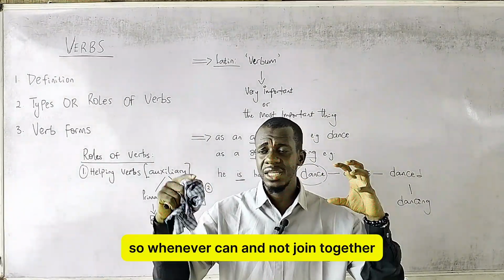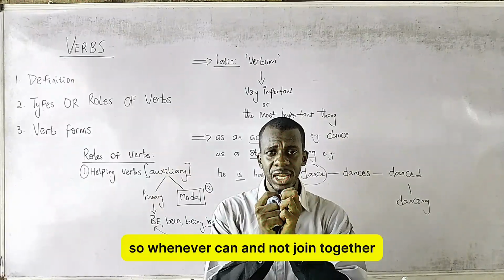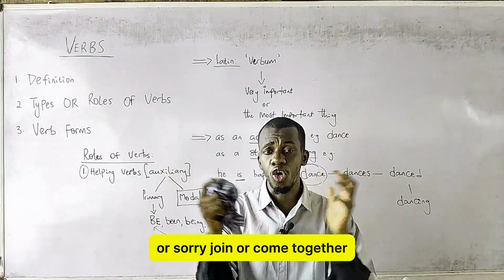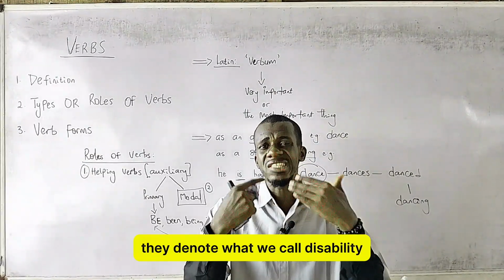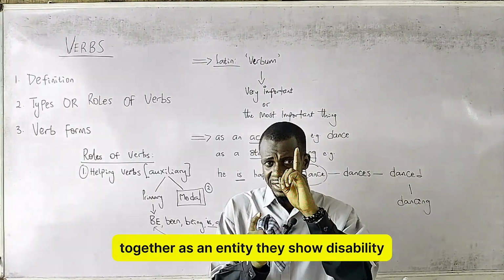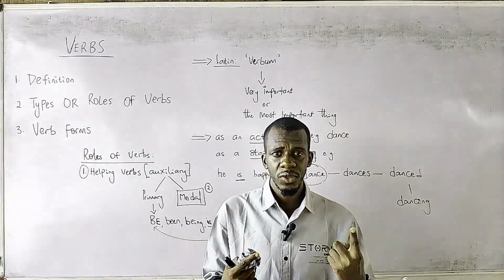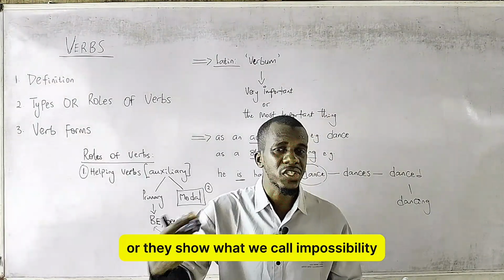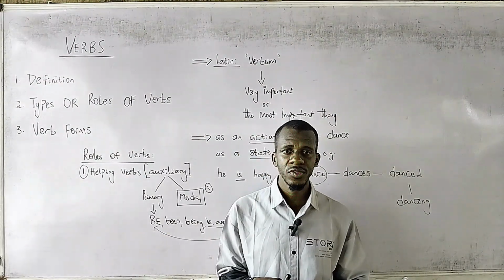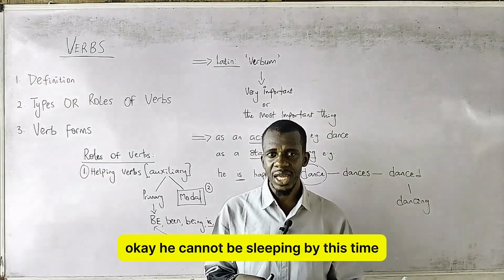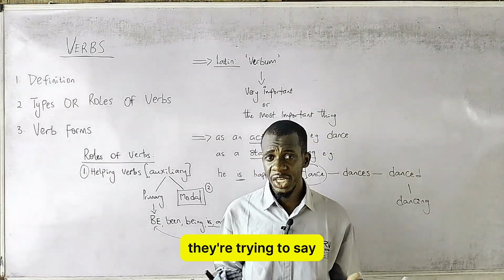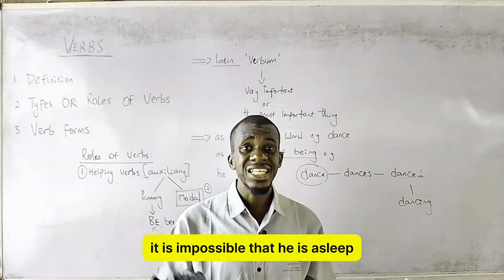So whenever can and not come together, they denote what we call disability. Together as an entity, they show disability, or they show what we call impossibility. Okay? He cannot be sleeping by this time. They are trying to say it is impossible that he is asleep.